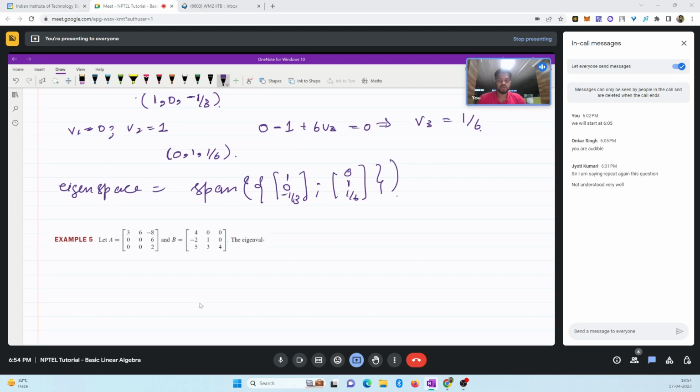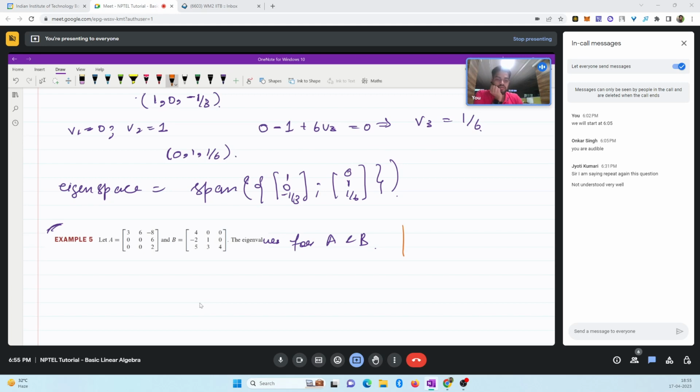So I want you to tell me the eigenvalues for A and B. What would be the eigenvalues for these two matrices? So I have told this before.